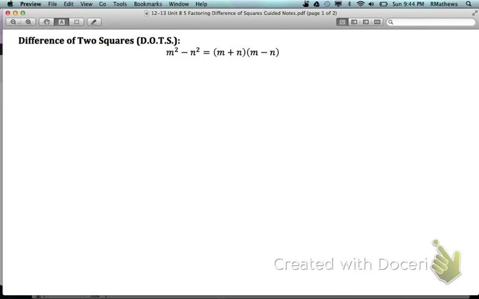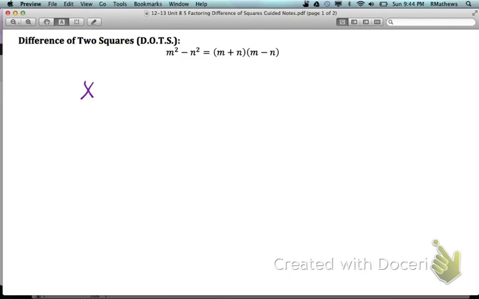And finally, let's look at our new material, which is when we're factoring the difference of two squares. So in variable form, we just say m squared minus n squared equals m plus n times m minus n. Let me give you an example of that with an actual situation.